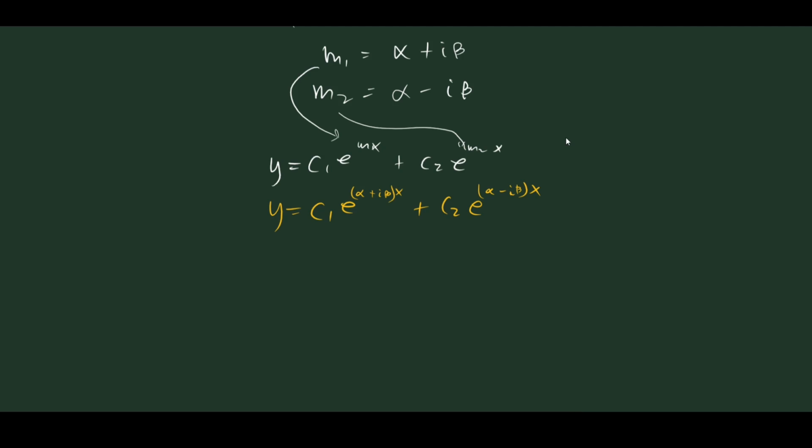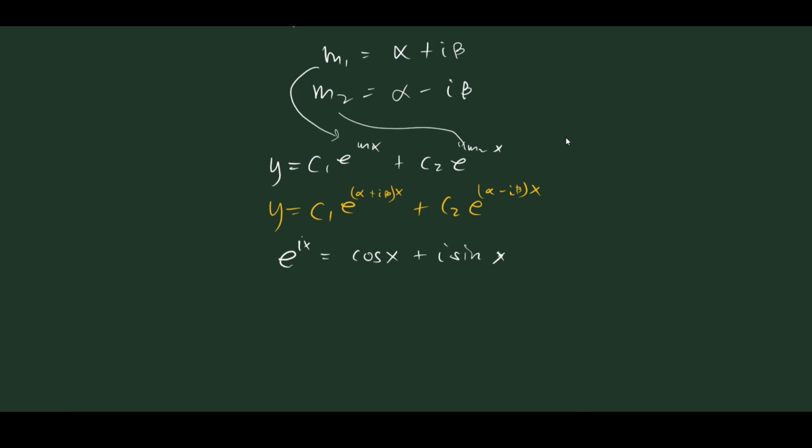What does Euler's formula say? Euler's formula is e raised to ix is equal to cosine of x plus i sine of x, where x here is any real number.